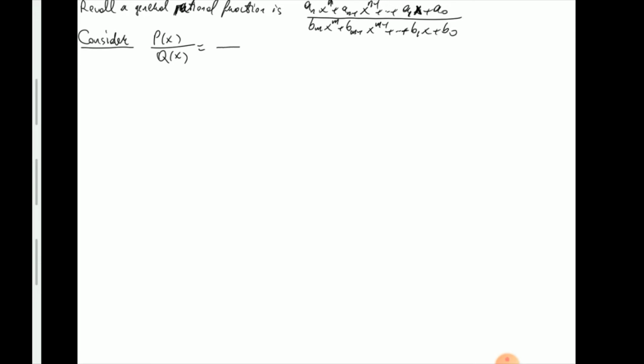So the numerator is again a polynomial of degree n, and on the bottom I'm going to have a polynomial of degree m but with the leading coefficient equal to 1. So x to the m plus, and let's call the other coefficients as they were before, b sub m minus 1, x to the m minus 1, all the way up to b1 x plus b naught.